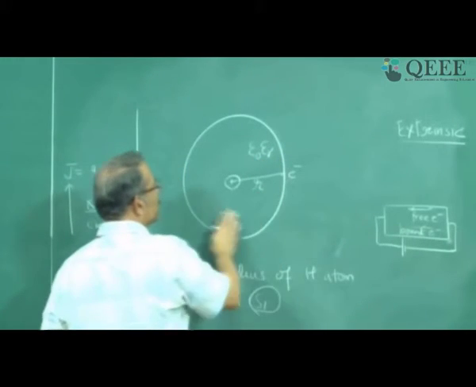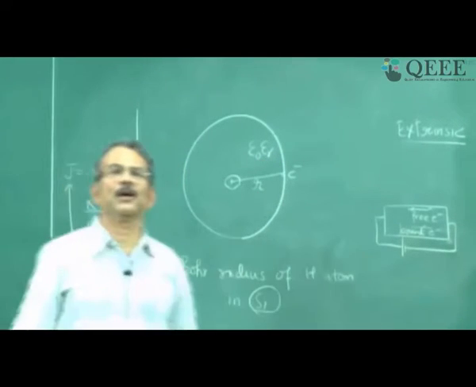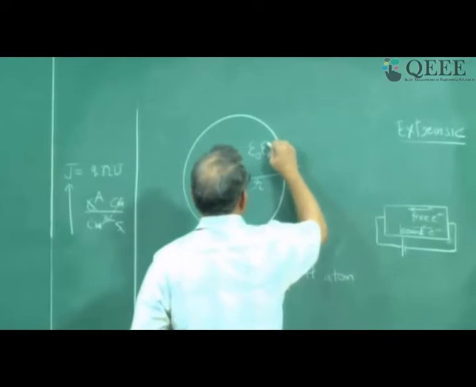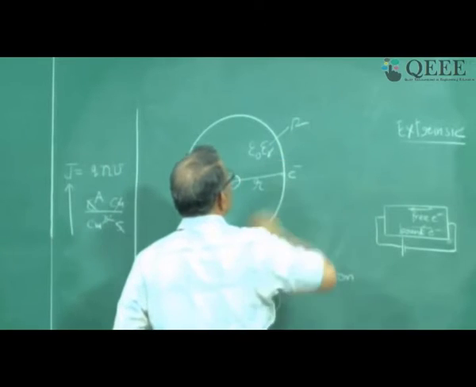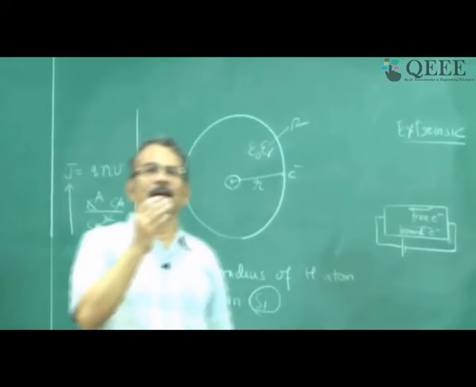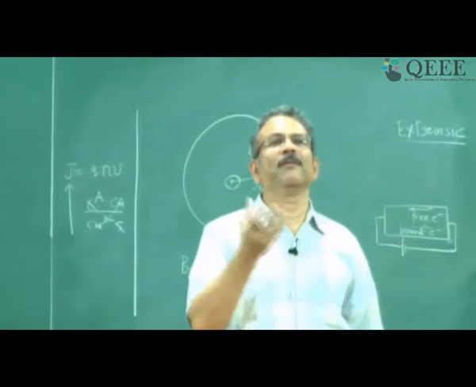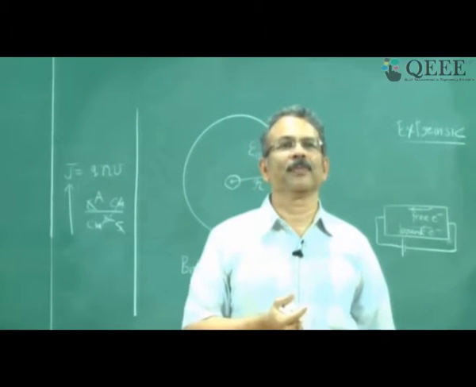The dielectric constant of silicon should be used because a lot of silicon atoms are there. And what is the dielectric constant of silicon? This is 12. So the permittivity of silicon is 12 times the permittivity of free space, which is epsilon naught.